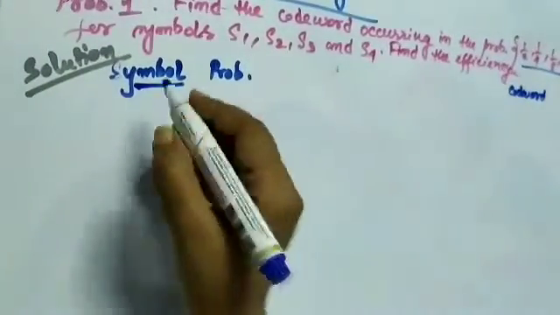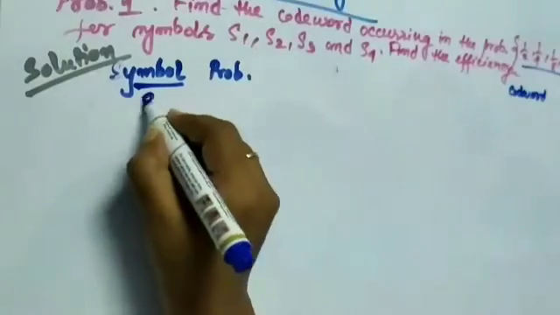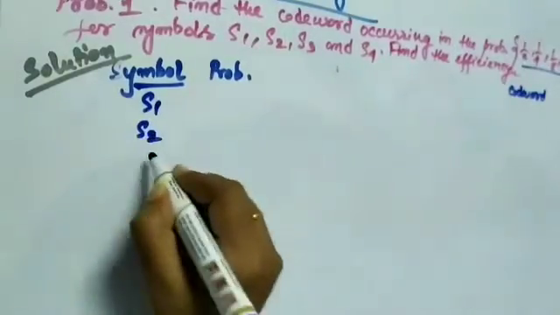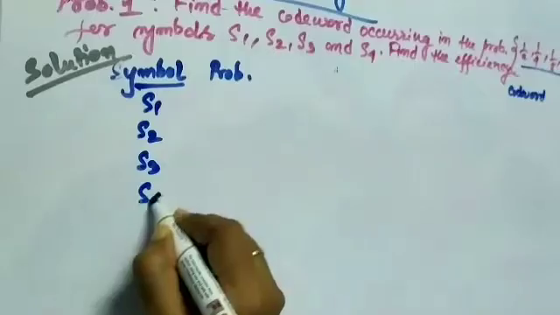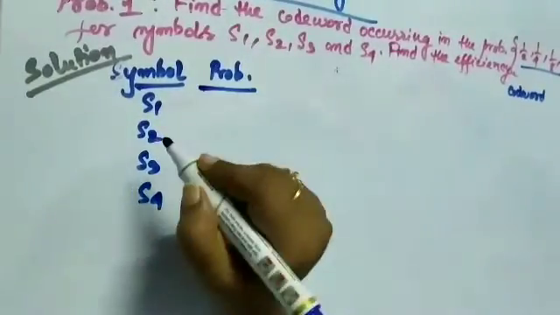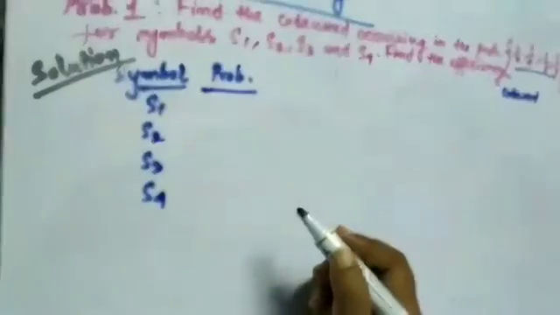So in symbol write S1, S2, S3, S4, these 4 symbols. And then write their probabilities in decreasing order.